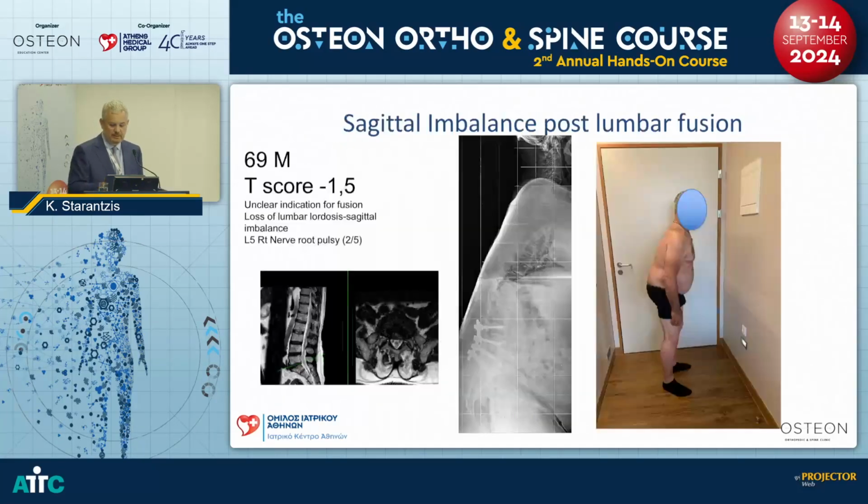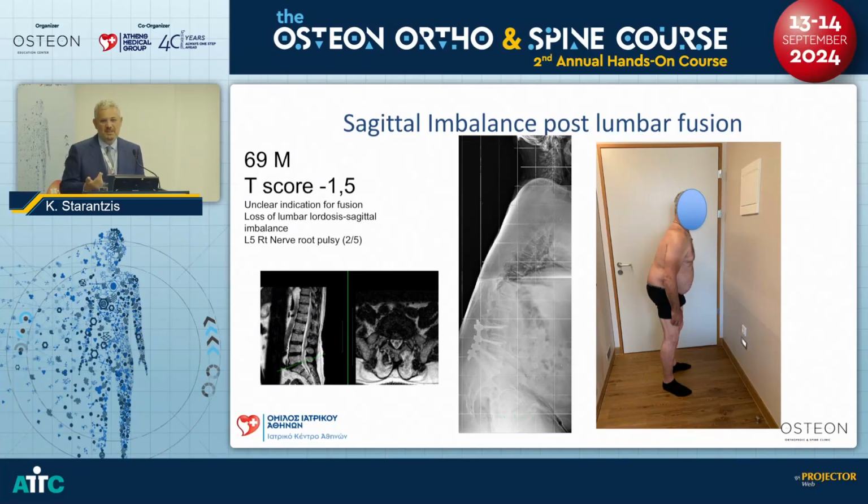So this is an example of wrong index surgery. I mean, this guy had this fusion 2 years before he came to me. For this MRI scan, I couldn't put the whole MRI scan, but there was no foraminal stenosis, no central stenosis, 3 black discs, and he had this surgery.